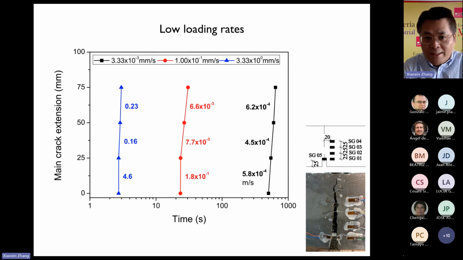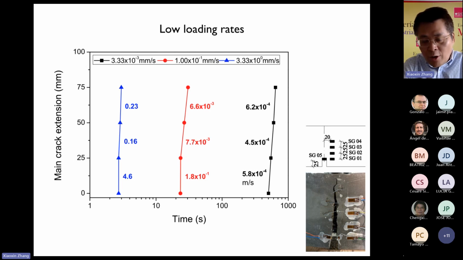For quasi-static loading conditions it's 5.8 times 10 to the minus 4 meters per second. The next one is 4.5 times 10 to the minus 4 meters per second, and the next one is 6.2 times 10 to the minus 4 meters per second. So under quasi-static loading conditions it's clear the crack propagation velocity is almost constant.